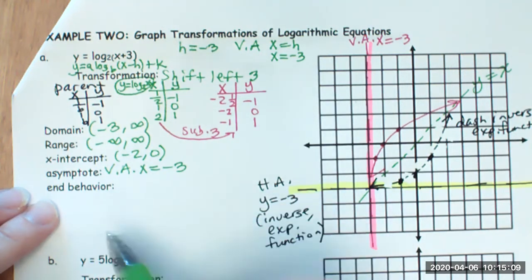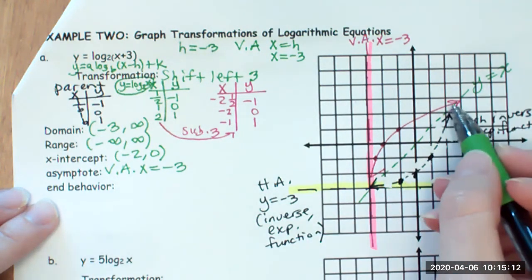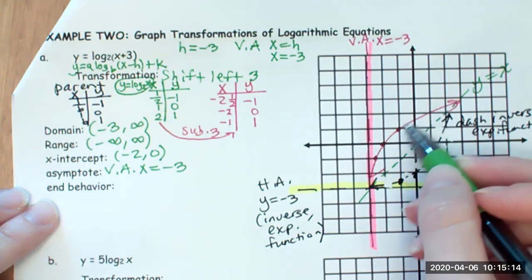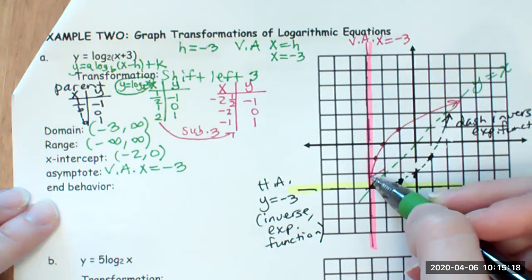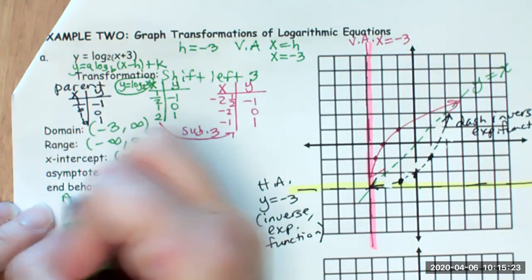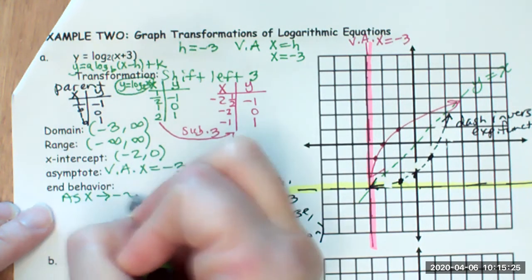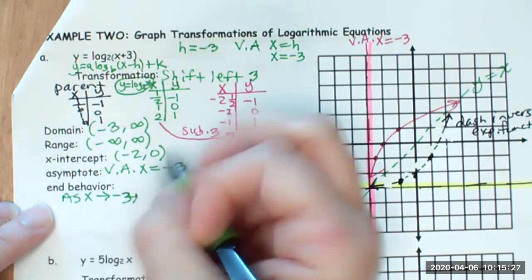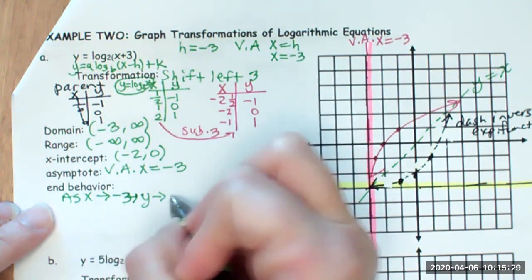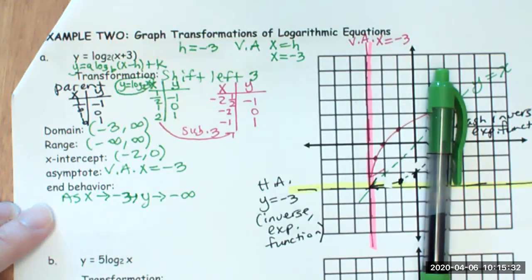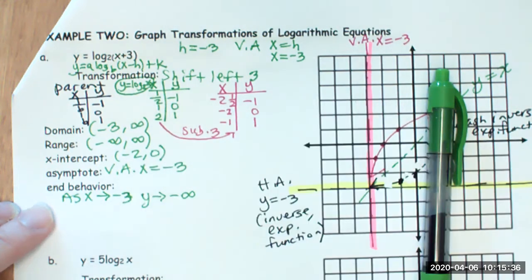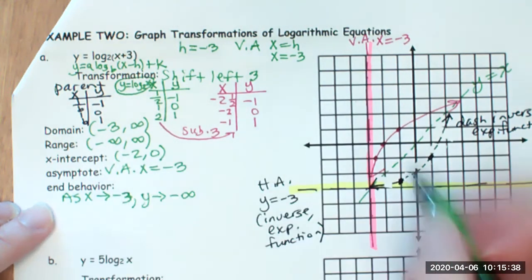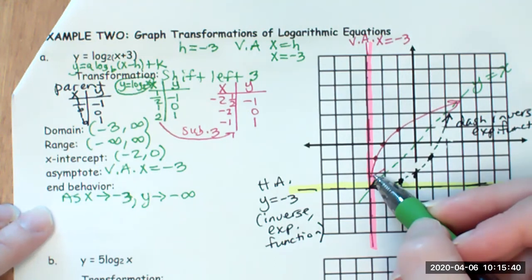The end behavior we can see here: as x is approaching -3, y is approaching -infinity, right? So as x approaches -3, y is approaching -infinity. Let me make that just a little clearer here. So as x approaches -3, y is approaching -infinity.